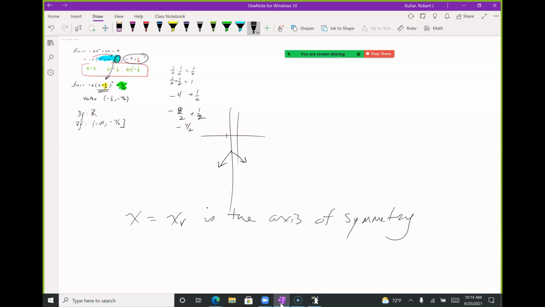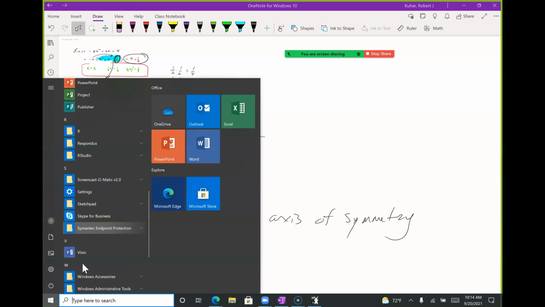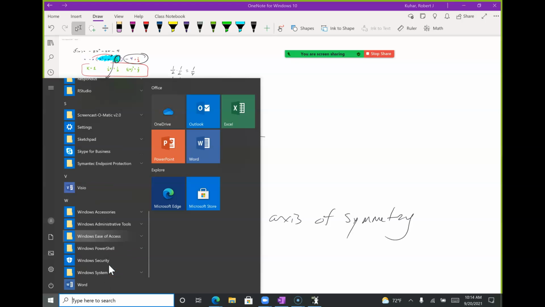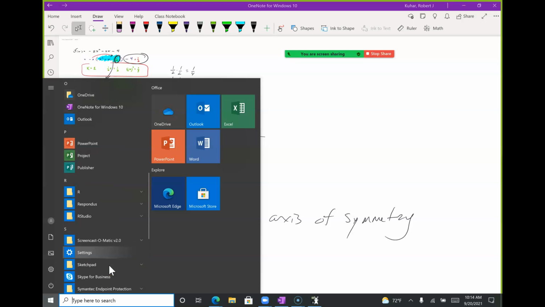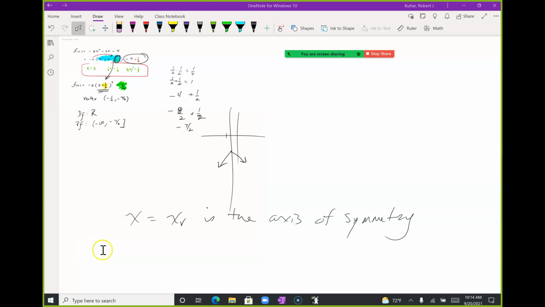I think the coolest thing to maybe look at, because we're done here, we've done everything here, is what do A, B, and C actually do to the graph of a quadratic? I think we know what A does. I think we know what C does, but not many students know the effect of B. You can do this on Sketchpad, on Desmos, but I get a little bit more power if I use a program called Geometer Sketchpad.